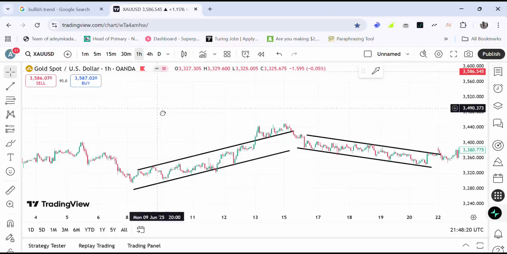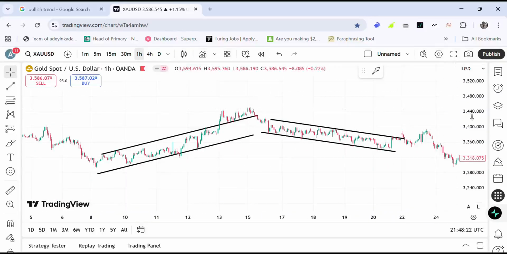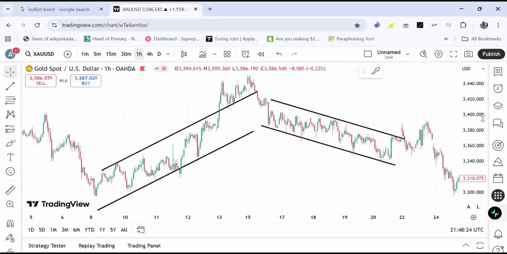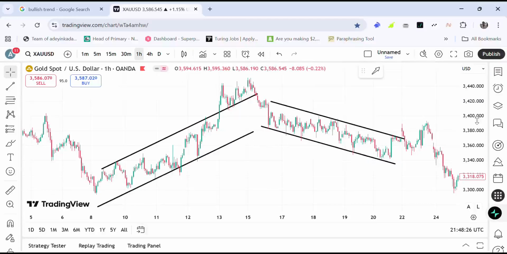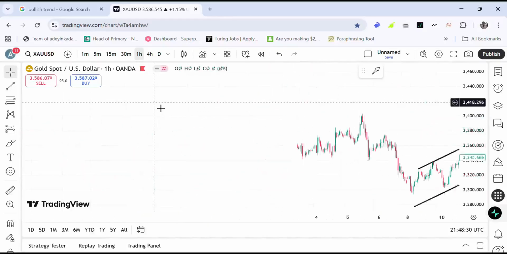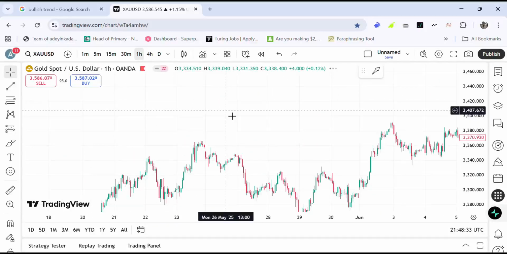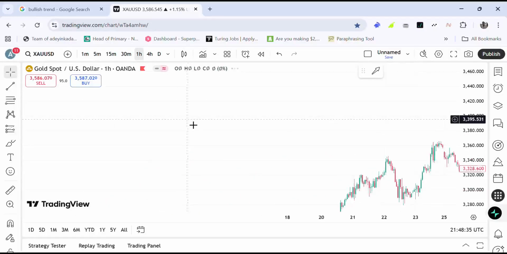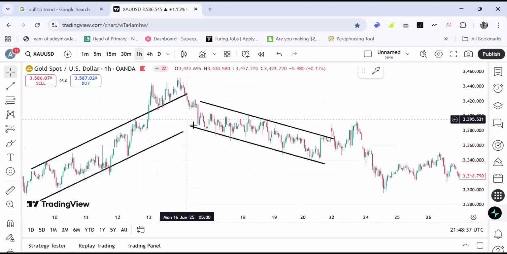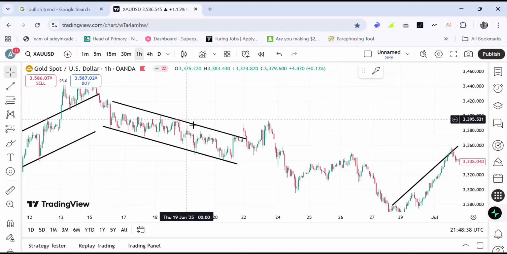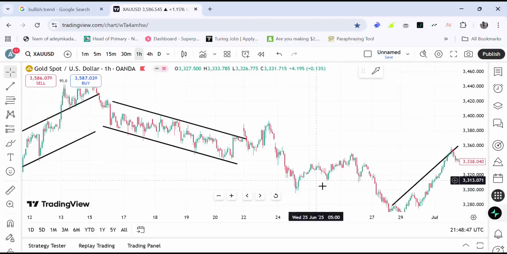So this is what we had before. All right, so now that we've been able to clear what the trend looks like on a chart like this, what you need to do next is you can't just look at the market and feel like this is a downtrend and you just want to buy without being so sure of what's happening in the market, right?